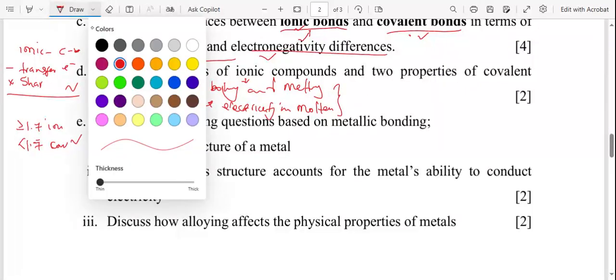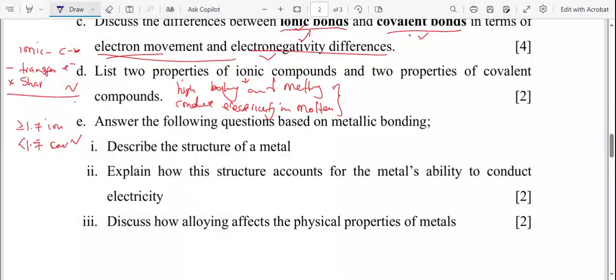Then when you talk about covalent compounds, what are the characteristics or properties? Covalent compounds have low boiling and melting points.